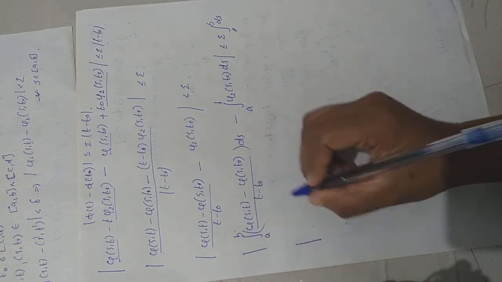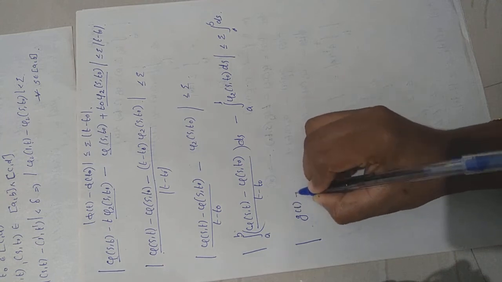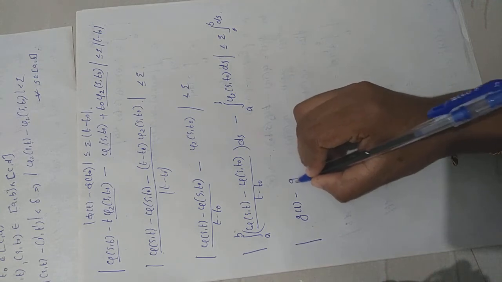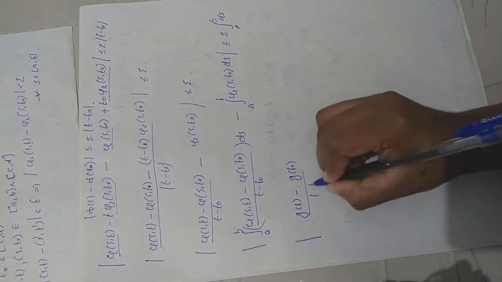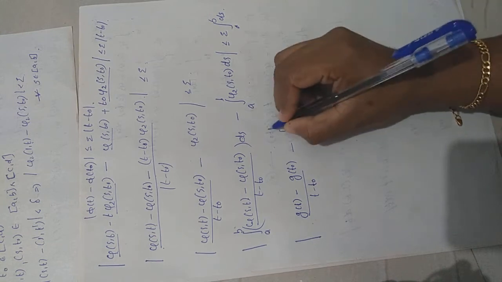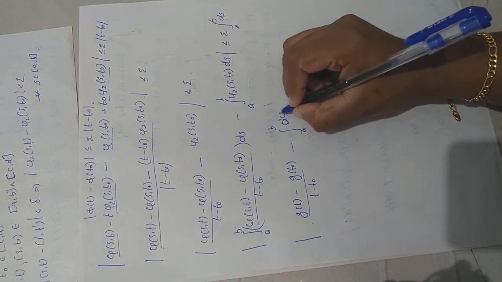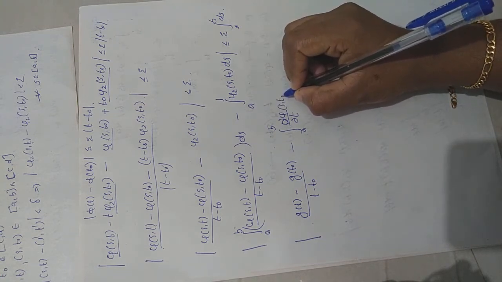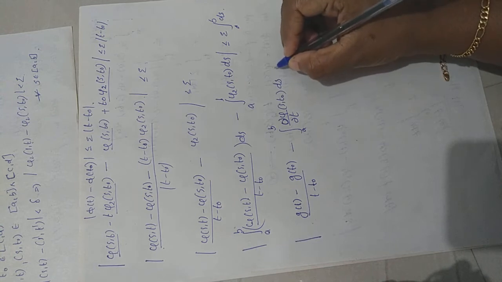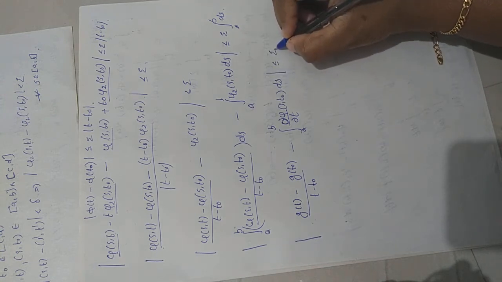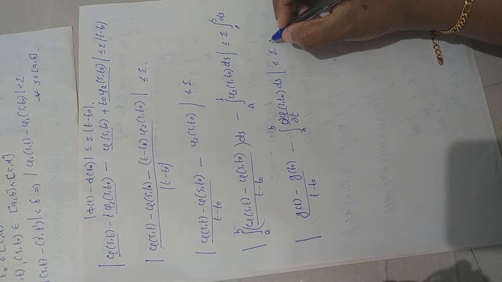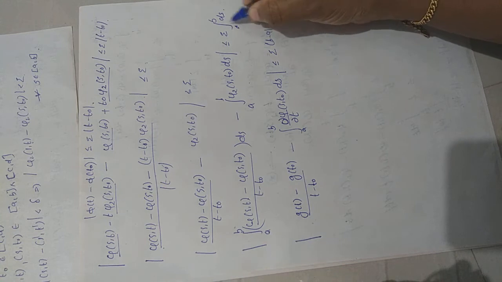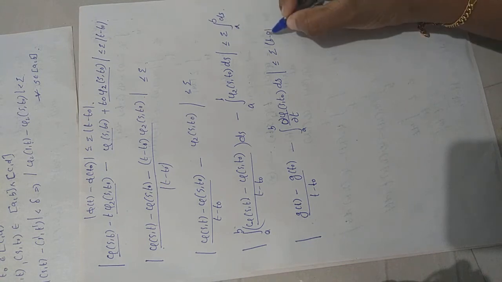So integral a to b of psi of (s,t) will be g of t, minus integral a to b psi of (s,t naught) ds will be g of t naught, divided by t minus t naught, minus integral a to b psi 2, where psi 2 was dou psi by dou t, at the point (s,t naught) ds, is less than or equal to some epsilon into integral a to b ds. So integral a to b ds will be b minus a, right? Integral ds is s, and with the limits a to b, that will be b minus a.